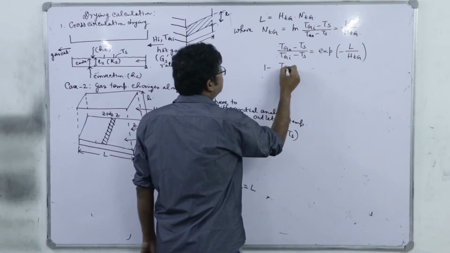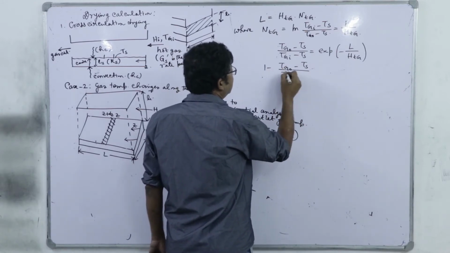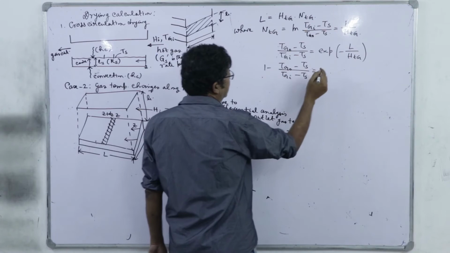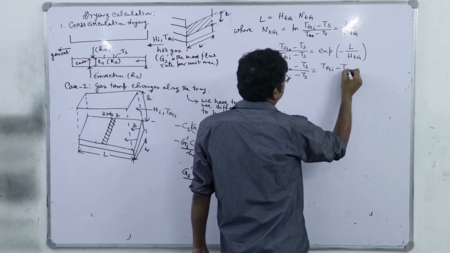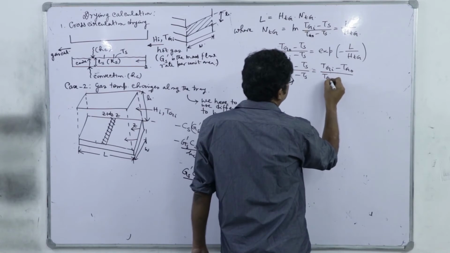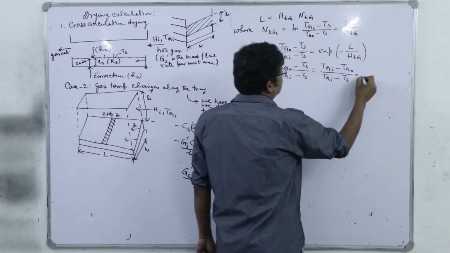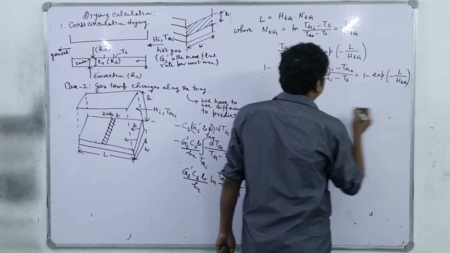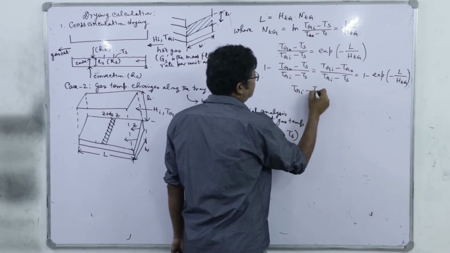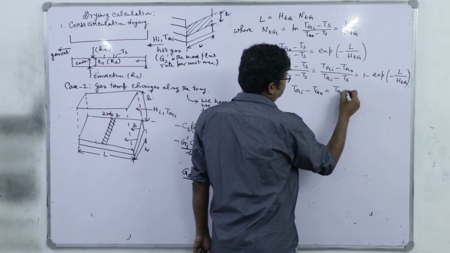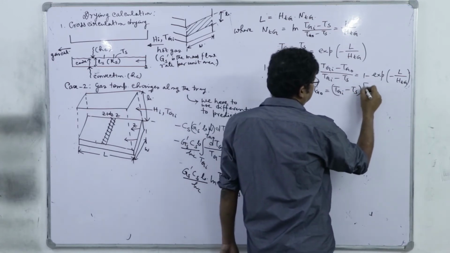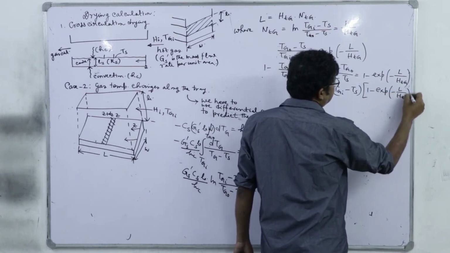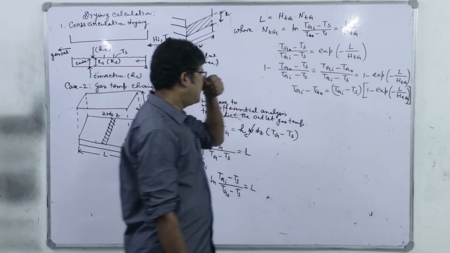So 1 minus this, TGI minus TS minus TGO plus TS, so numerator will be TGI minus TGO, denominator will be TGI minus TS, is equal to 1 minus exponential of minus L divided by HTG. So immediately we have the measure of this outlet temperature, because we know the inlet temperature, and TS we can actually solve, right.